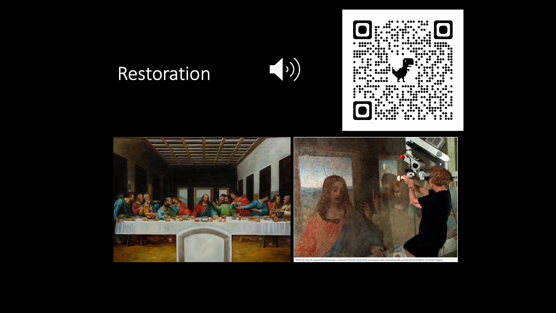Now, the restoration we're doing is digital. Digital technology has allowed us to preserve the original chemical composition and not alter it in any way, shape, or form, but also try to understand what the Last Supper actually looked like in antiquity.